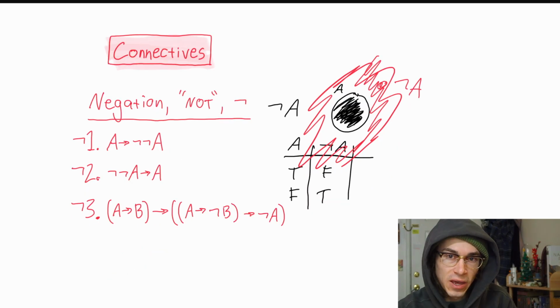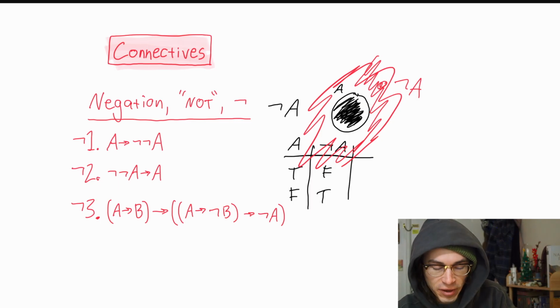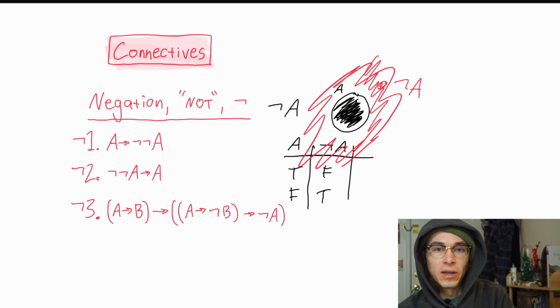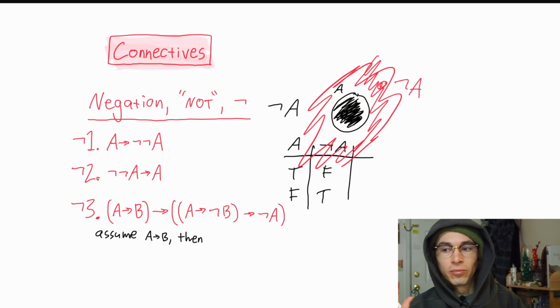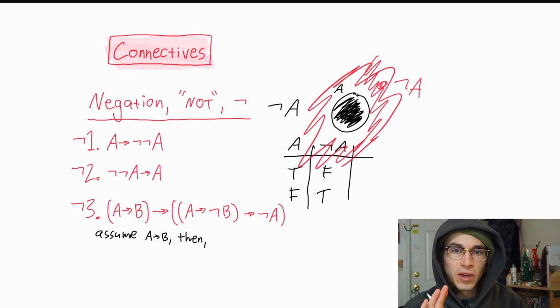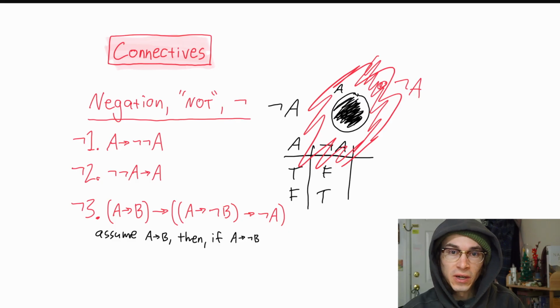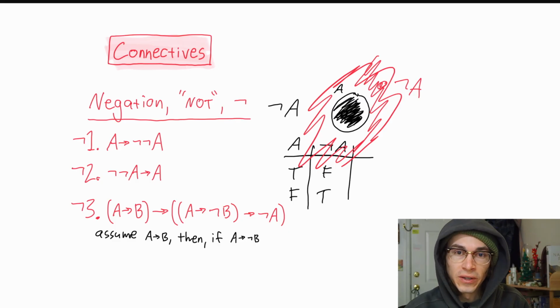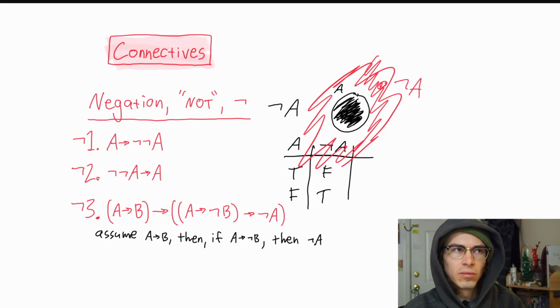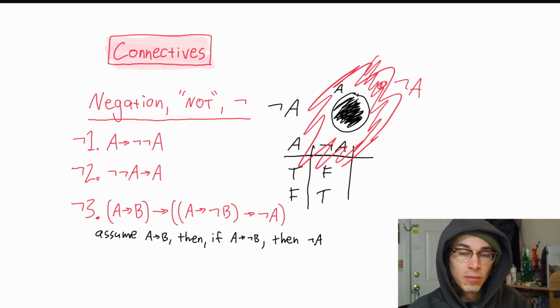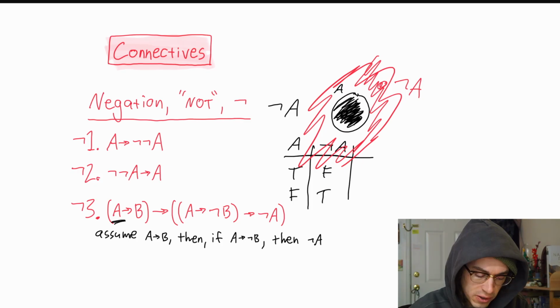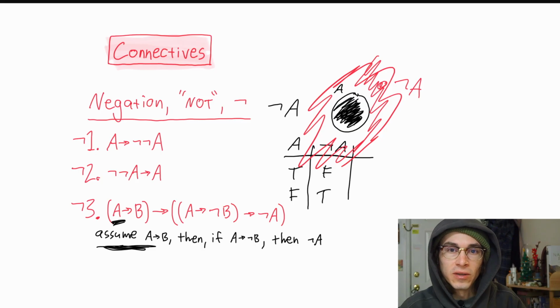So if A implies B, then if A implies not B, then not A. So assume that if A is true, B must be true. Then assume that A implies not B is also true, so that we can see what the arrow tells us is next: not A. So if A implies B and A implies not B, then we must have not A. But at the beginning we assumed A. In assuming that A implies B, we're also assuming that A is true.